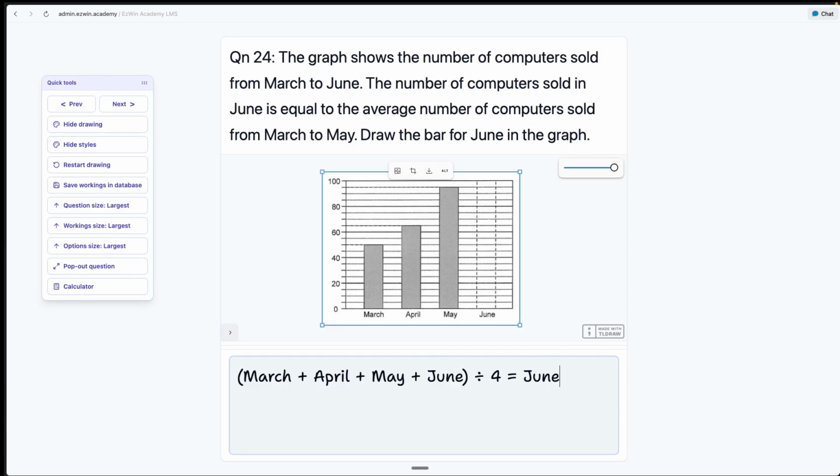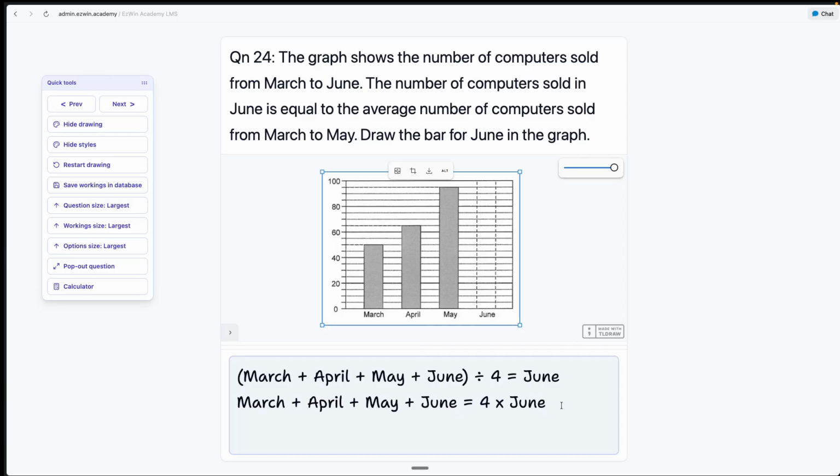So this is also equal to, so if you know how to put this divided by 4 to the other side, this essentially means March, April, May plus June is equal to 4 times of June, right? Or 4 June. That's what I see over here. Okay, so 4 June, which is essentially just 4 times June now, right?